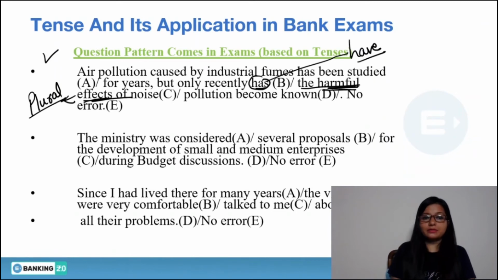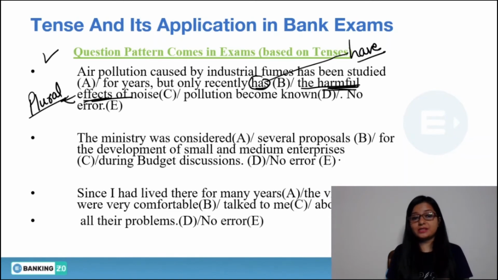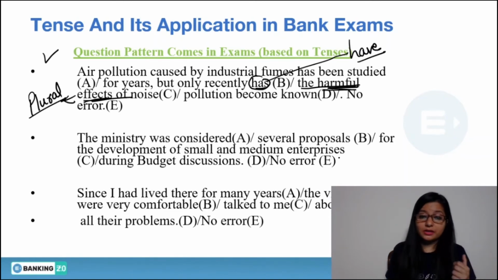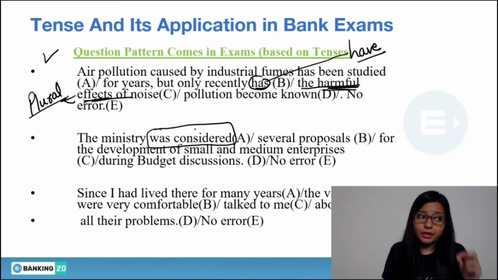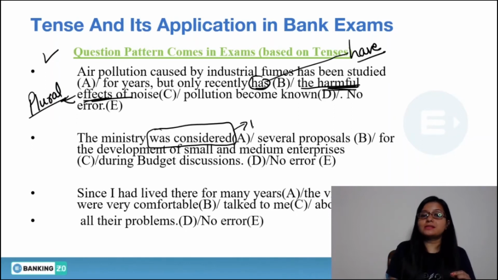Second thing, we have: the ministry was considered several proposals for the development of small and medium enterprises during budget discussions. Now, where is the problem? The ministry was considered. Whenever you use was or were with the third form of the verb, that particular sentence tells you about a passive sentence.